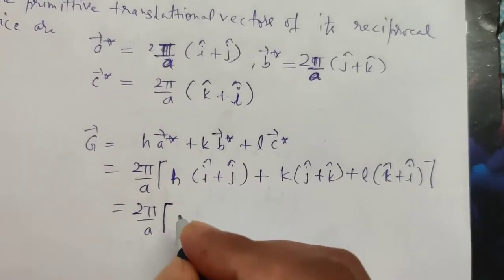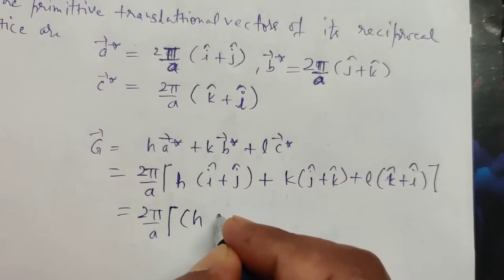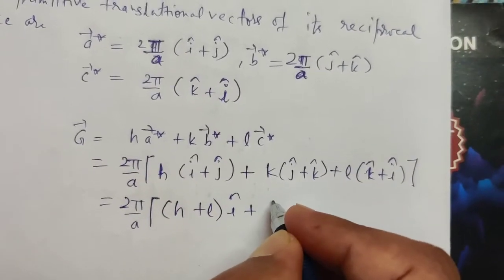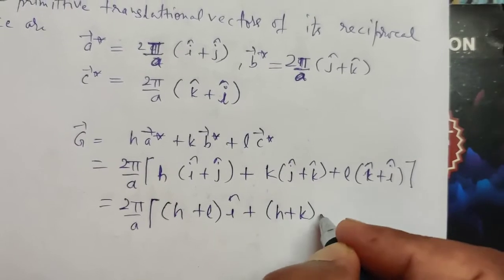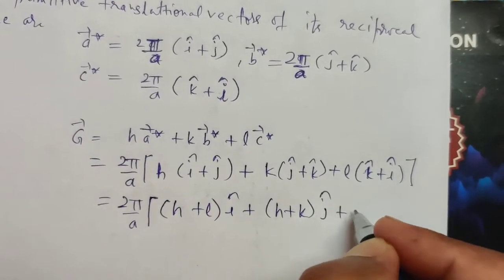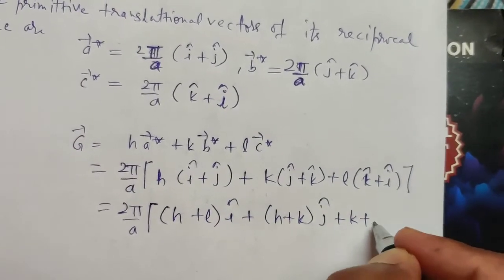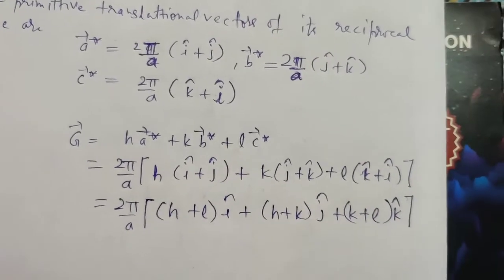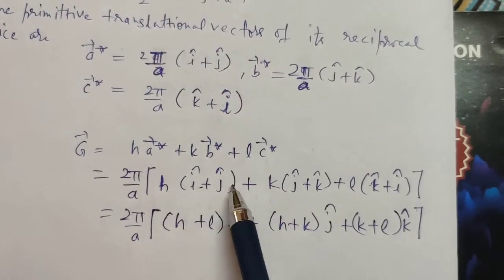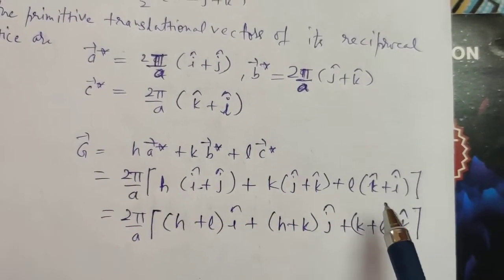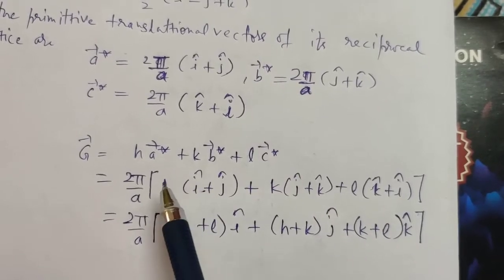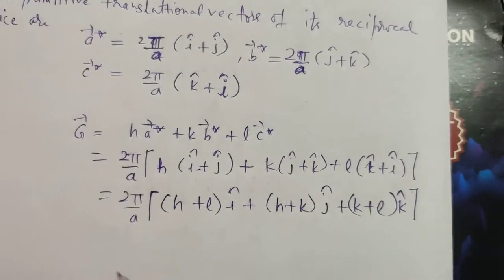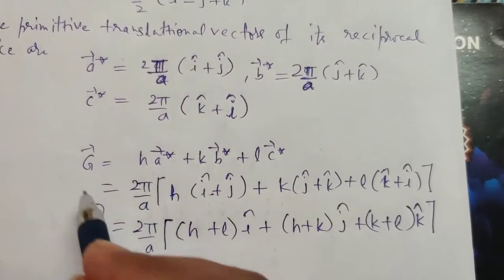So this will be (H plus L) into I plus (H plus K) into J plus (K plus L) into K vector. I am skipping one step here, which is multiplying this and this, and taking common factors of coefficients of I, J and K like this. So this is your value of the G vector.